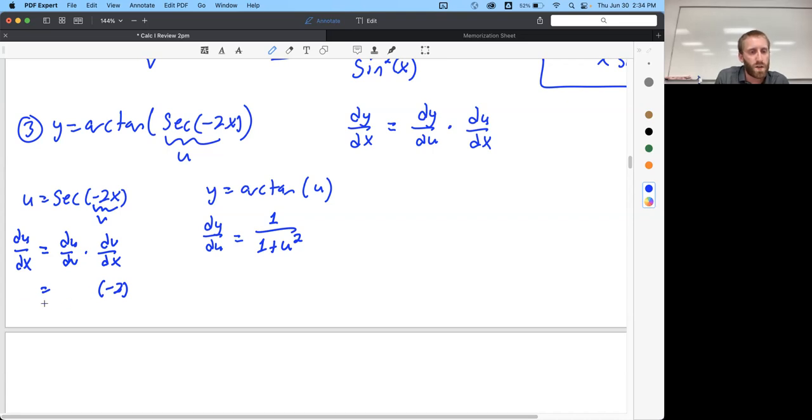So this would be, I'm kind of running out of room here. So that would give me secant v times tangent v times -2. So that is this part, and this is that part.